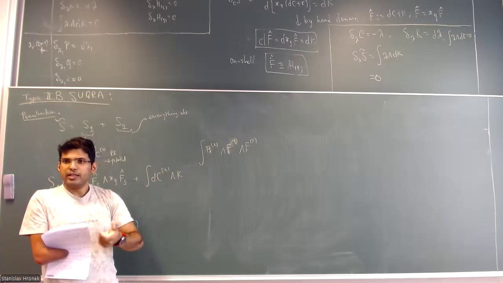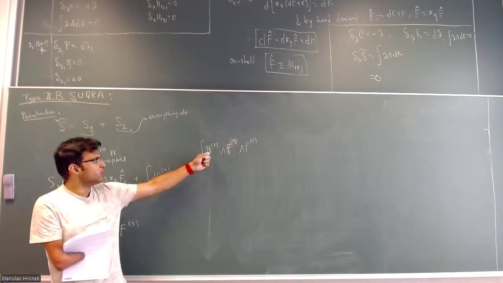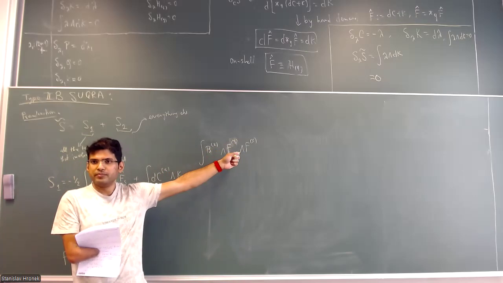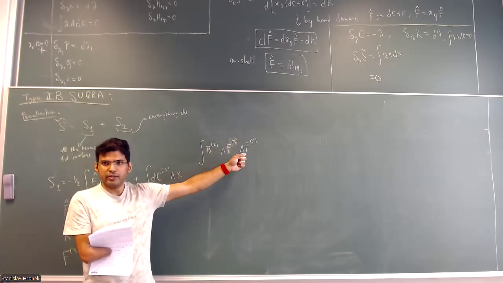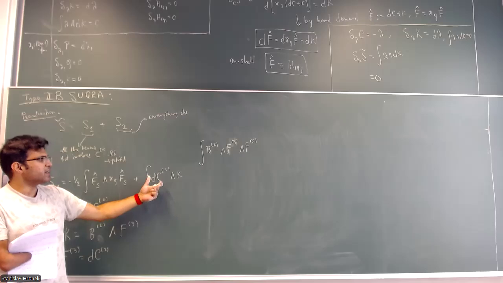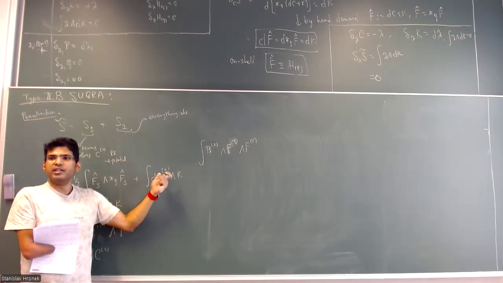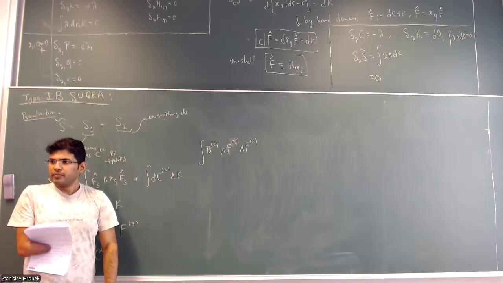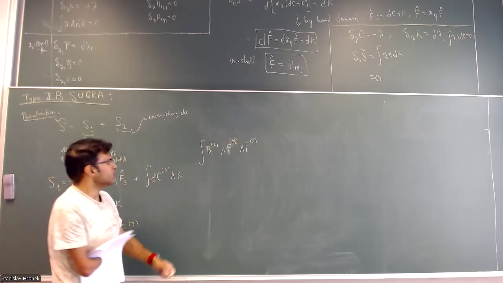So the string theory action is sensitive to the Kalb-Ramond potential, but not the Ramond potentials. So that's a good thing, which means that we can always rewrite this such that no Ramond potential explicitly appears. It's always the Ramond fluxes.